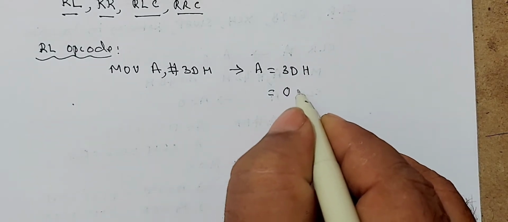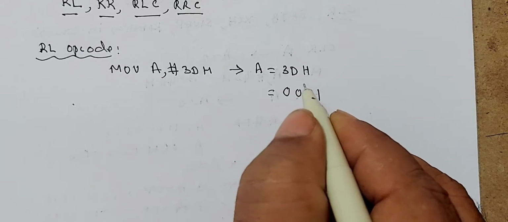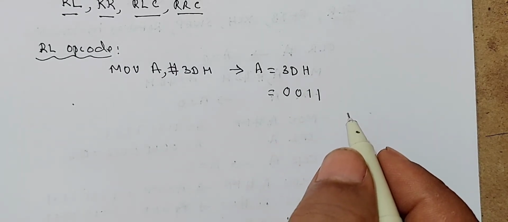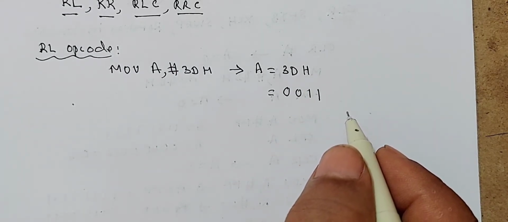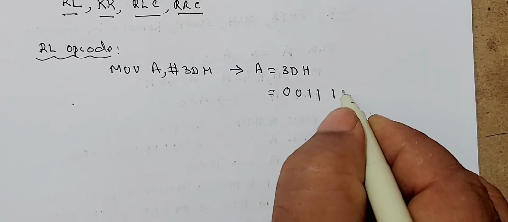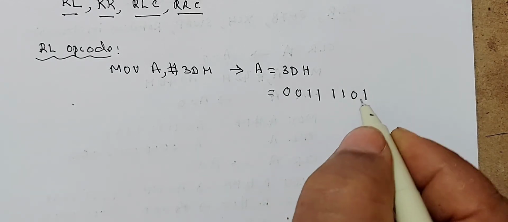3 means 0011. D: A is 10, B is 11, C is 12, D is 13. 8 plus 4 plus 1, that is 13.